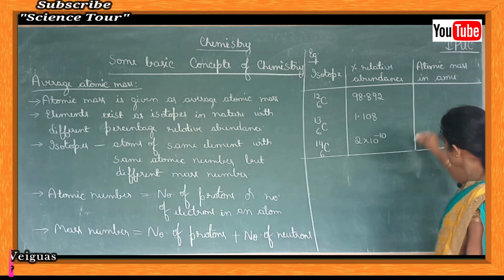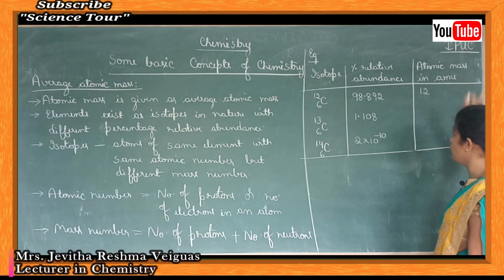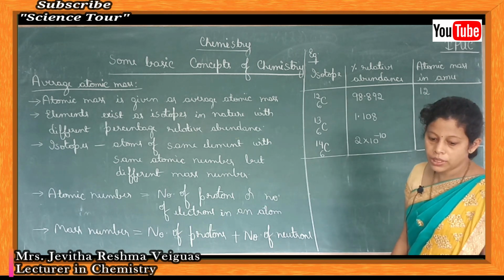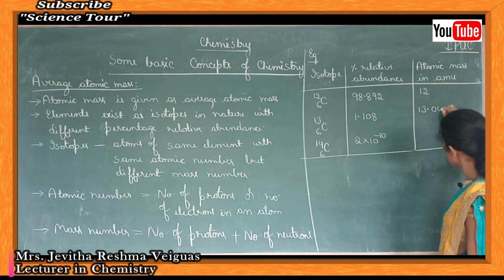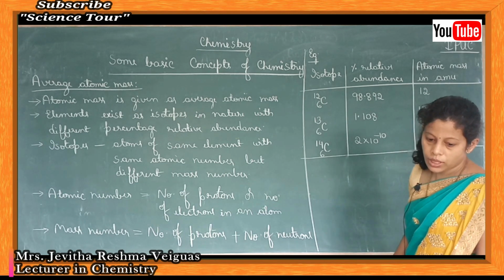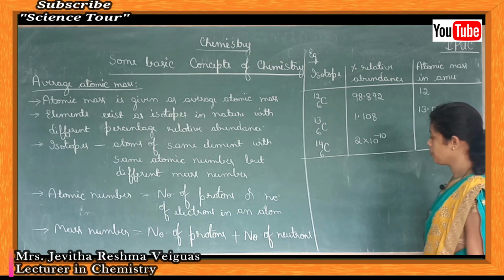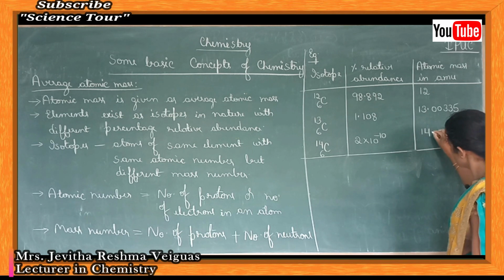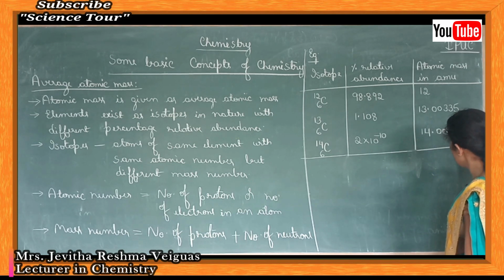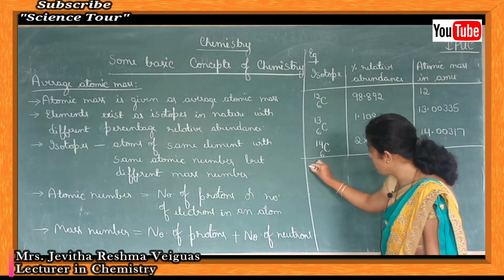Their atomic masses: for carbon 12, the atomic mass is 12 AMU. For carbon 13, it is 13.00335. For carbon 14, it is 14.00317. When you know these values, you can calculate average atomic mass.